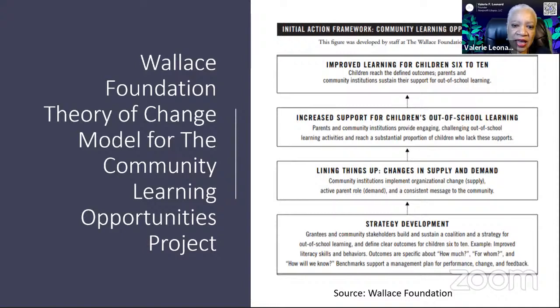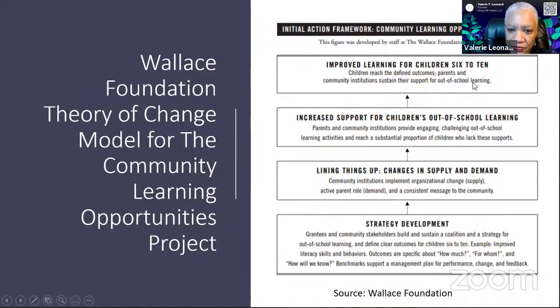We're looking at multiple organizations who each have 25 to 50 kids, and then impacting that whole community as a system. And then finally, you're looking at improved learning for children who are 6 to 10 years old. And the evidence is children reach the defined outcomes, parents and community institutions sustain their support for out-of-school learning.